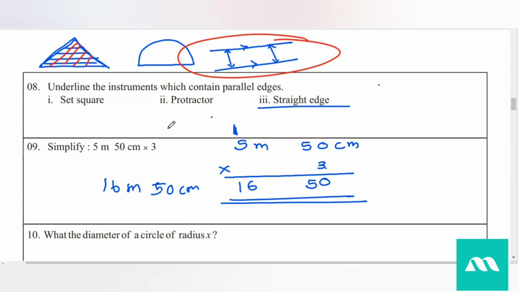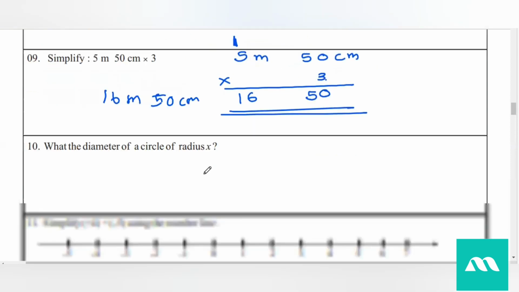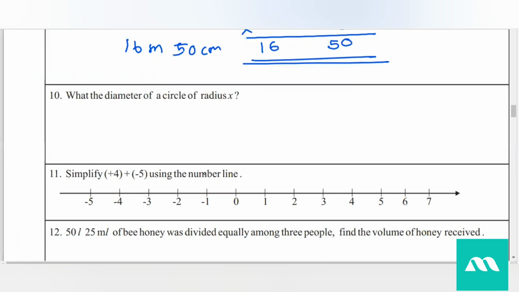Then each of these questions carries 2 marks. Okay. What is the diameter of a circle of radius x? Now you have to remember the relationship between the diameter and the radius of a circle. What is it? Can you remember the relationship?